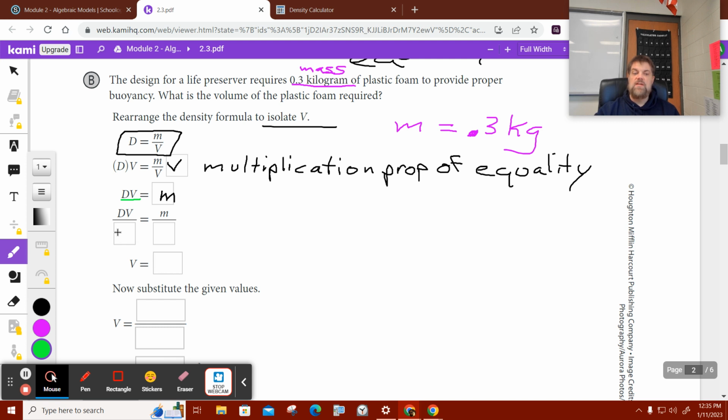So I'm going to divide both sides by D. Okay. What property is that? That is the division property of equality.